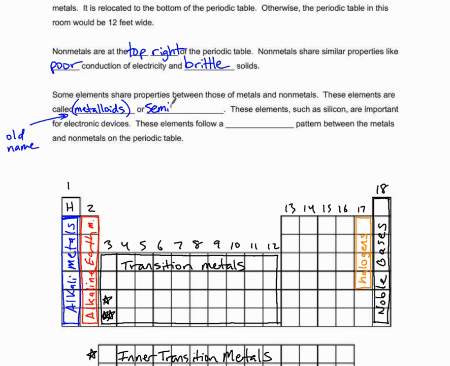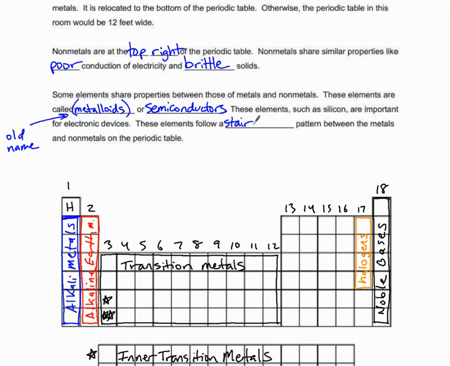Nowadays, the one that we typically call them is semiconductors. These elements, such as silicon, are very important for electronic devices. So these elements, they follow a stair-step pattern.